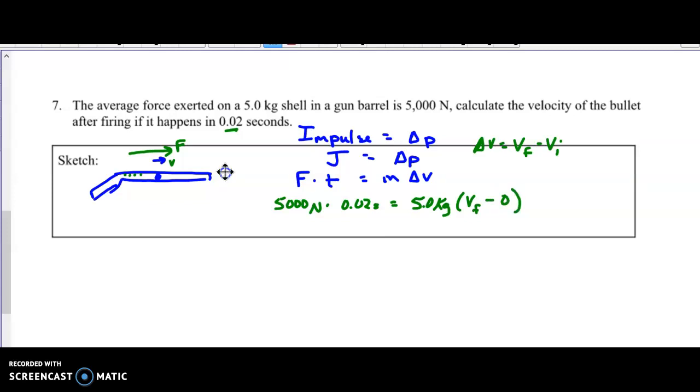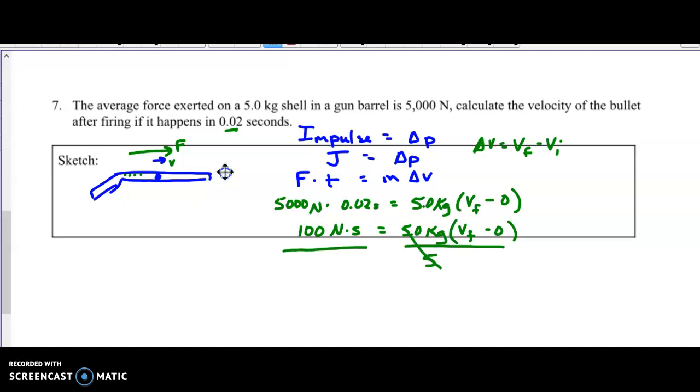So doing a little math here, 5,000 times 0.02 is 100 newtons times seconds equals 5 kilograms times VF minus 0. Let's get rid of the 5.